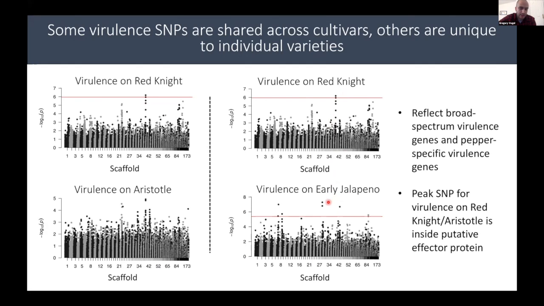And although these results only represent half of the data, just from Rep 1, I feel pretty confident that they're biologically significant or relevant. The peak SNP for virulence on Red Knight, for example, was located inside a putative effector protein, which are secreted proteins with a known role in virulence in oomycete species.